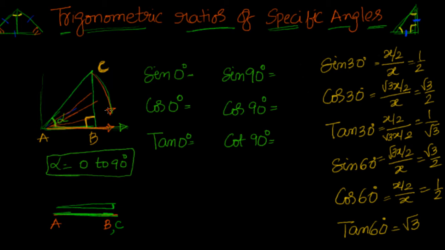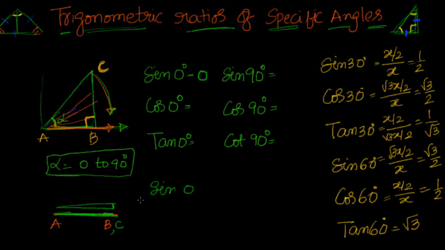If you are reducing the angle alpha, what are you making? You are making the opposite distance come down to 0. Here you can see the opposite distance is 0, right? So when the opposite distance is 0, sine is 0. So sine 0 is equal to 0.